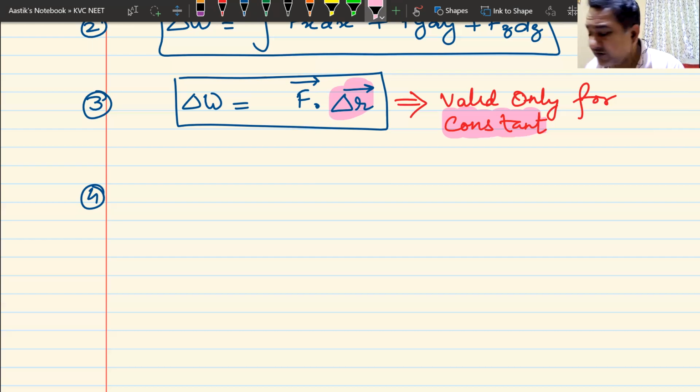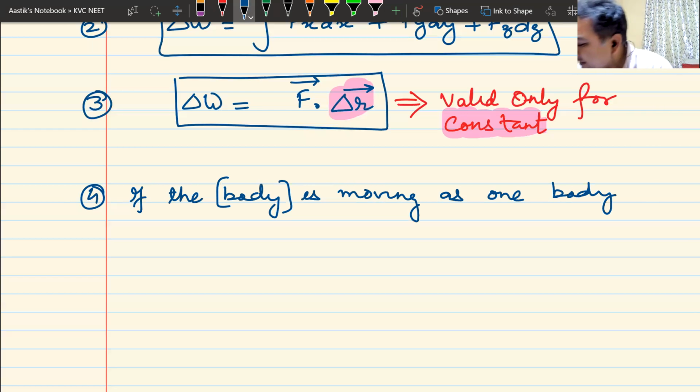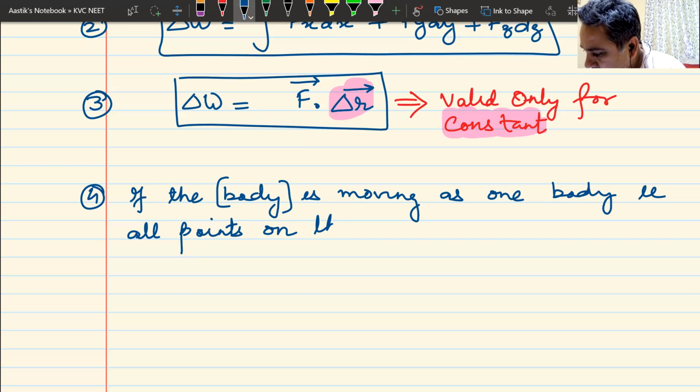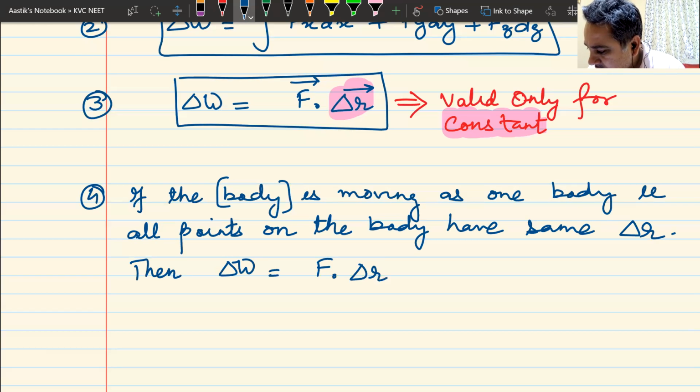There is a thing that you must remember about the displacement. If a body is moving as one body, that might confuse you, that is, if all points on the body have the same displacement, then work done will be F dot delta R. I'm talking about constant force.